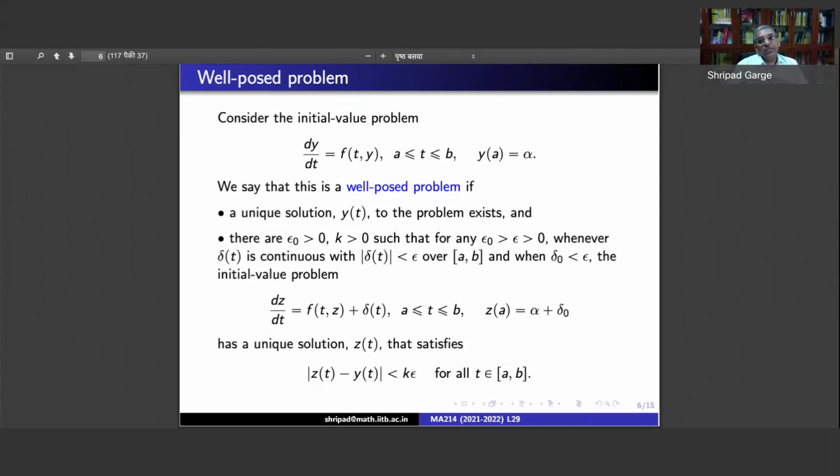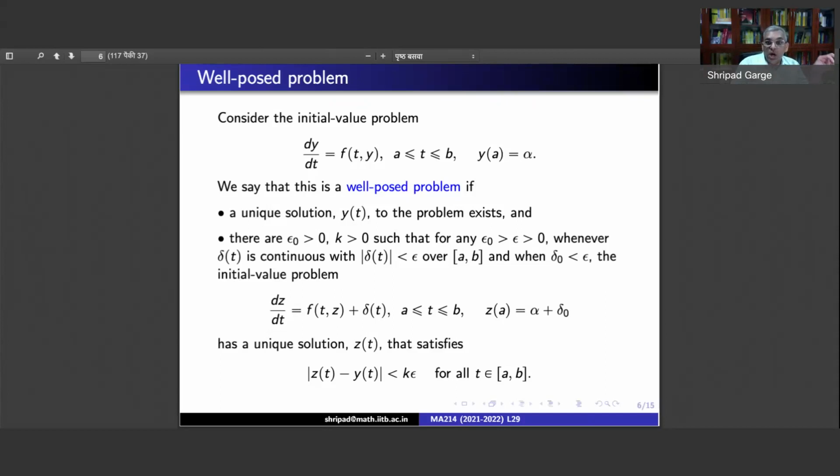It is allowed to be slightly away from epsilon, and you may not expect that the whole thing is less than epsilon all the time, but it should be bounded above by some k times epsilon, where k does not depend on epsilon. K is independent of epsilon. You are allowed to choose epsilon anywhere between 0 to epsilon naught, and this k is something which is fixed.